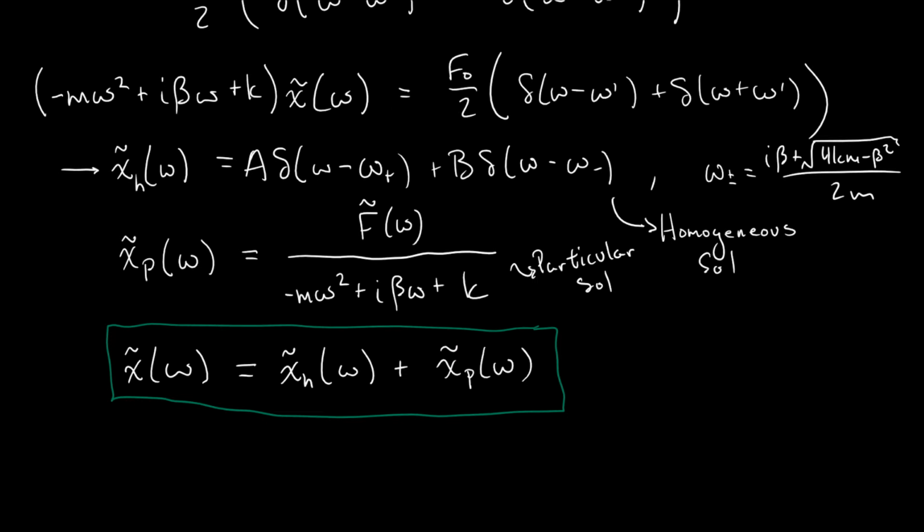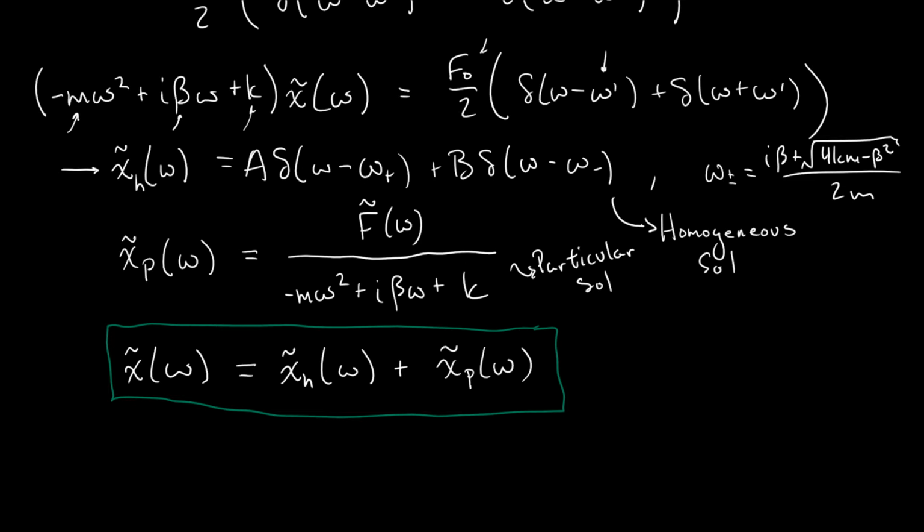Beta is a value of my system, m is a value of my system, k is a value in my system. I choose f and omega prime to define my forcing function. I have nothing free. I can't tweak anything, which means that if I just look at my particular solution, I can't match onto boundary conditions.